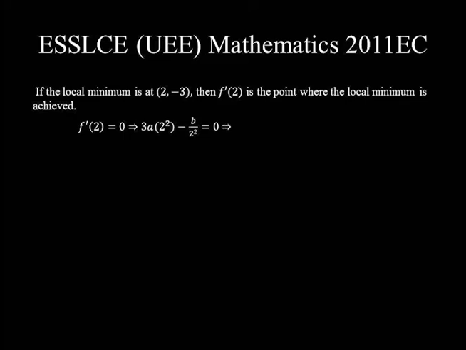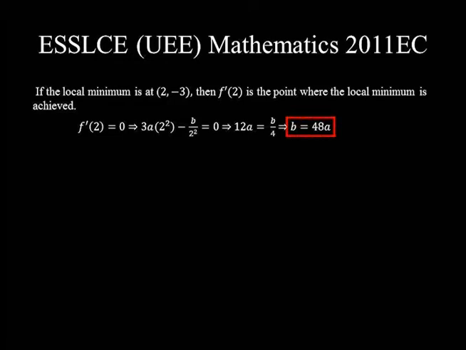This implies 2 squared is 4, 4 times 3 is 12 times a. Taking minus b over 2 squared to the right of the equality, we will find b over 2 squared is 12a. Multiplying both sides by 4, we will find b is equal to 4 times 12, which is 48a. This is one of the equations we are looking for.